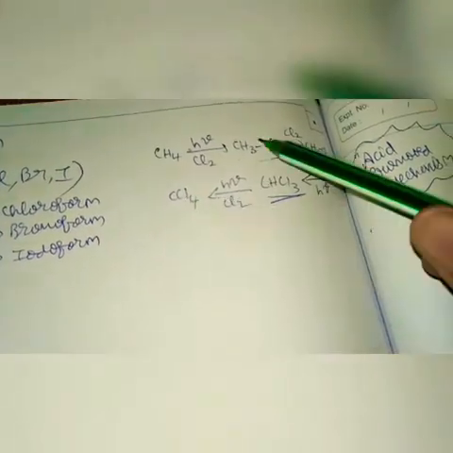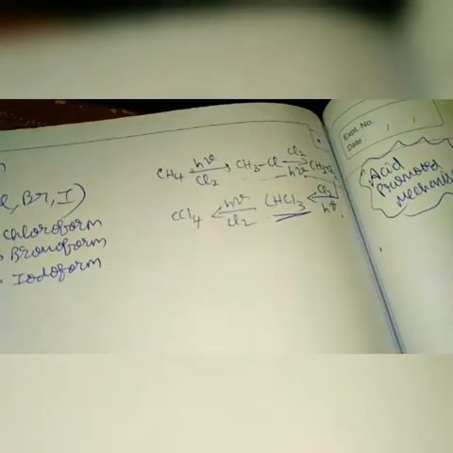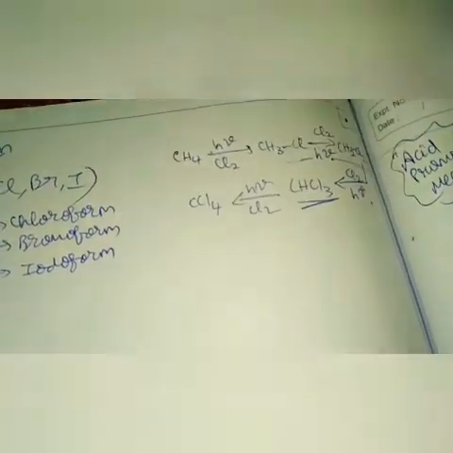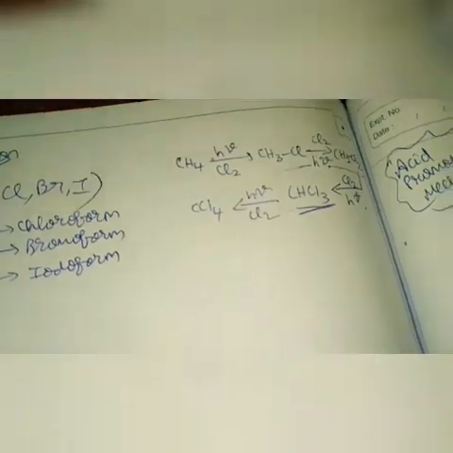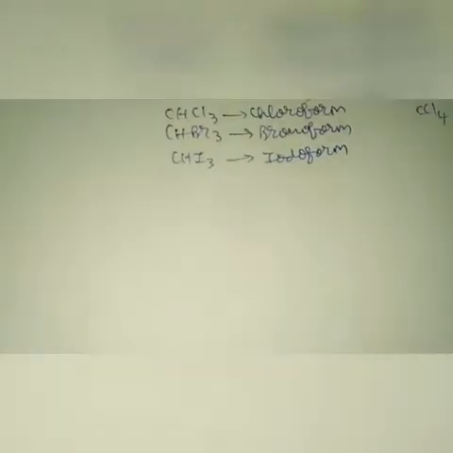So all these will be present in mixtures. It is kind of difficult to separate this mixture, but still we can prepare chloroform using this. I'll tell you how the reaction takes place, but for the haloform reaction to take place, there are some structural requirements which I'll tell you later.